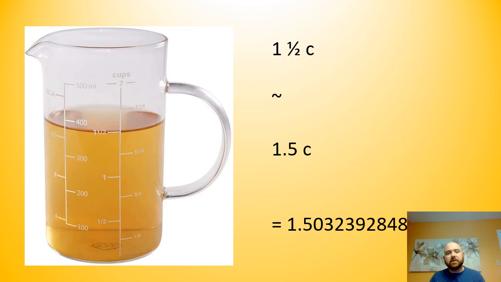And it's not, because our measuring tool here does not accommodate that much precision, and so we can't say that we have that much accuracy or confidence in the measuring of the liquid.